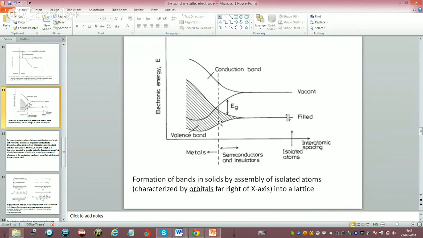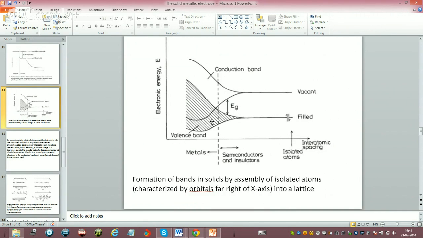Now, the moment you go to the semiconductors, you can see that this is the top of the valence band and this is the bottom of the conduction band. So there is a gap. If the semiconductor were to be here, you can see that this is the gap. So therefore, in the bulk metals the bands are overlapping, whereas in the semiconductors and insulators, they are not overlapping. So this is the picture.